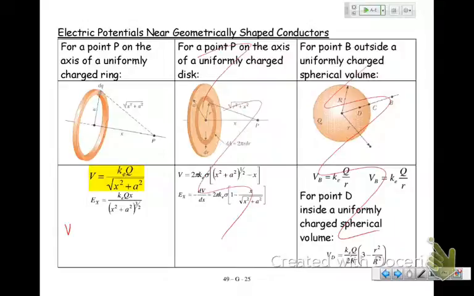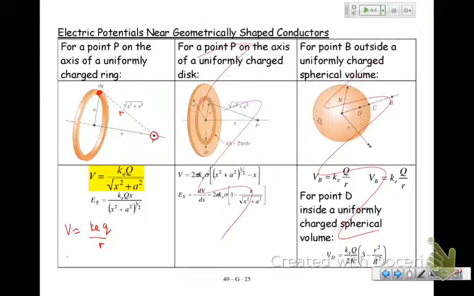V is equal to KE Q over R. Agreed? Look at the point of interest. It is on the axis. So R is the same for any one of these dq's.